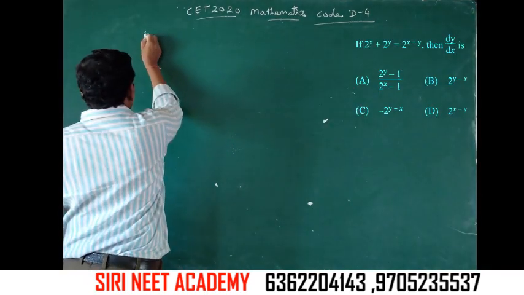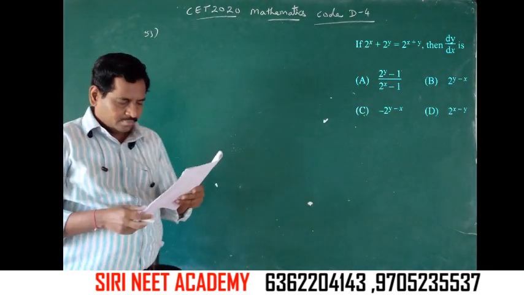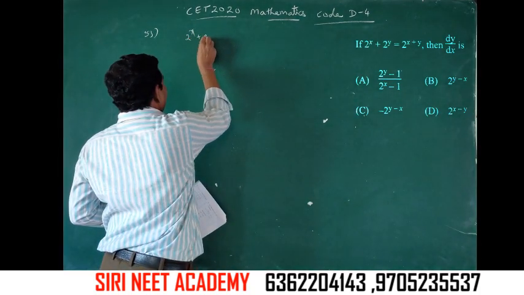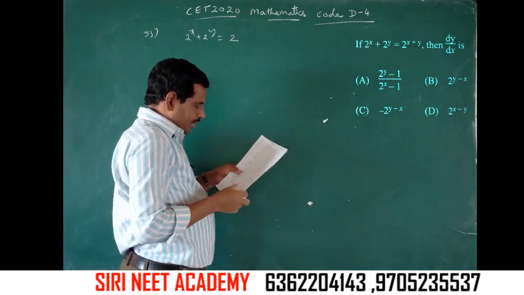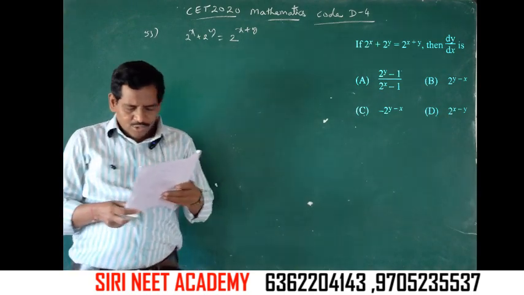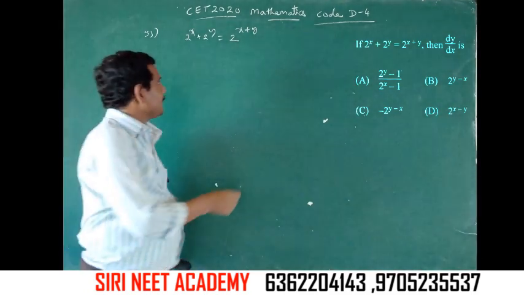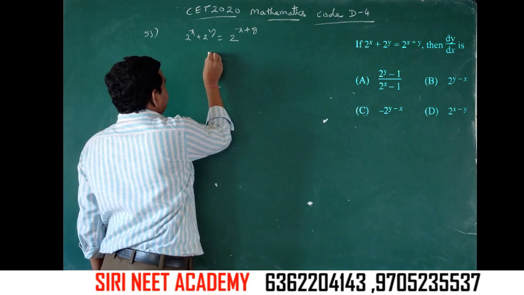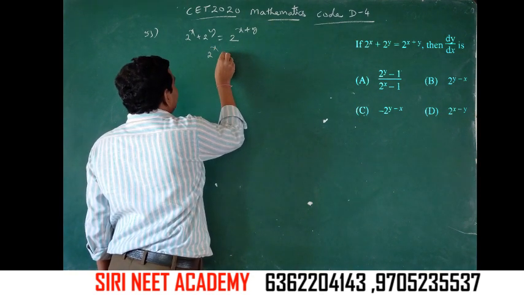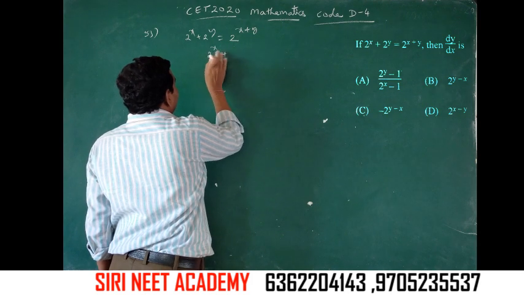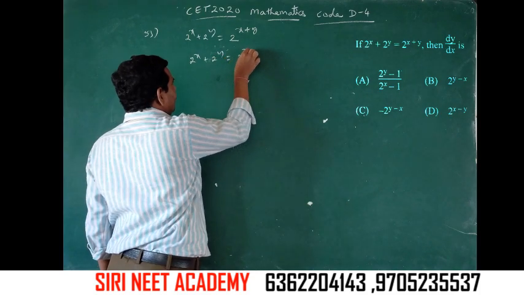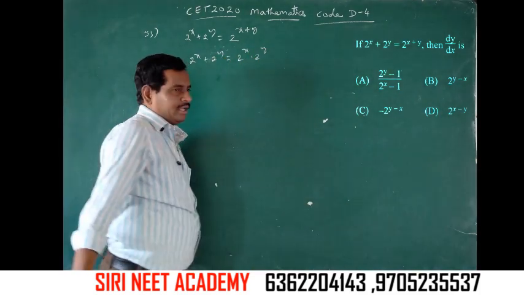Question number 53. If 2 power x plus 2 power y is equal to 2 power x plus y, then the value of dy by dx is? 2 power x plus 2 power y is equal to 2 power x into 2 power y.